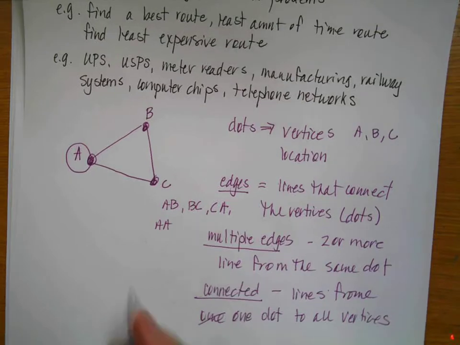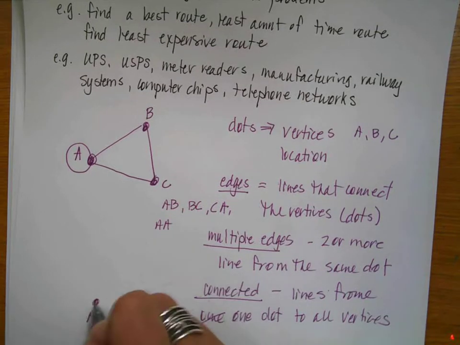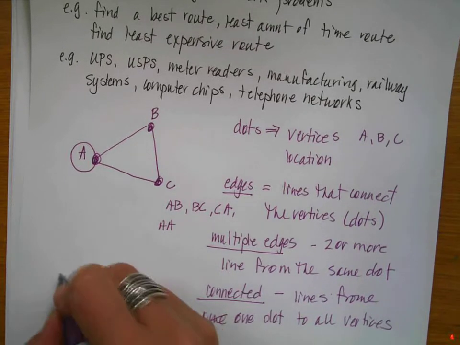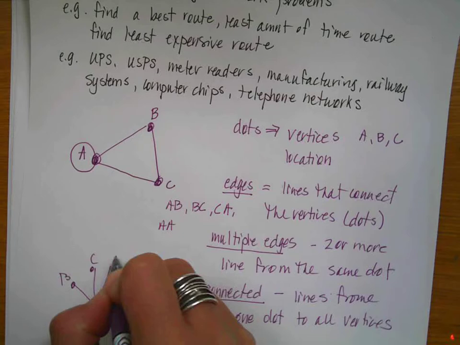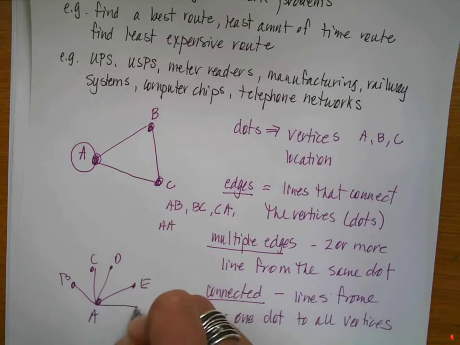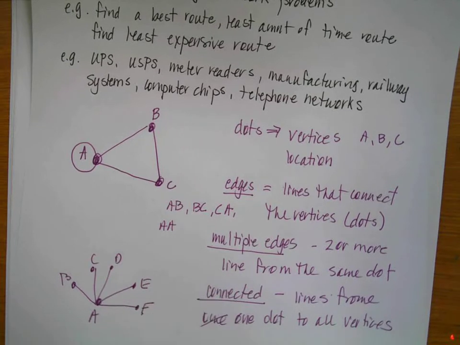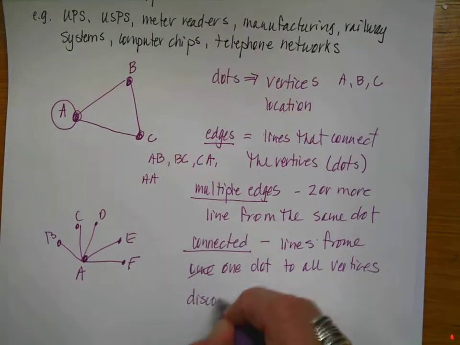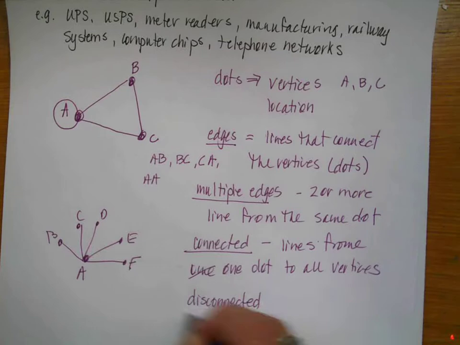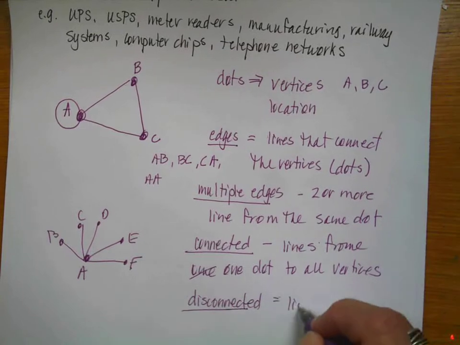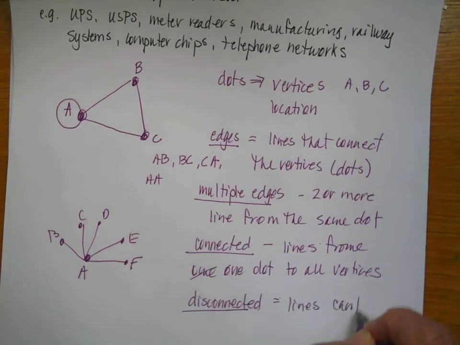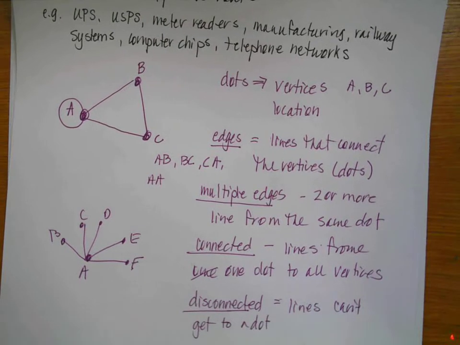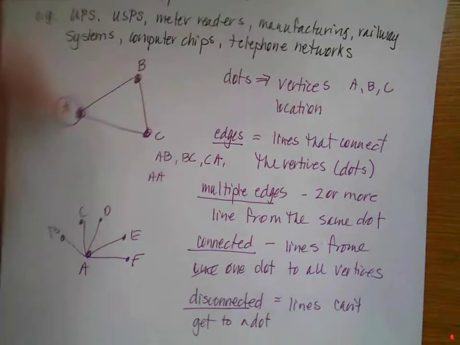So maybe here's an A, and A goes out to all of my individual other vertices, so maybe B, C, D, E, and F. Maybe that's a hub, like an airplane, which would be kind of entertaining. And then disconnected means that the lines can't get to a dot or vertex. Okay, and so we'll use those kind of words interchangeably.